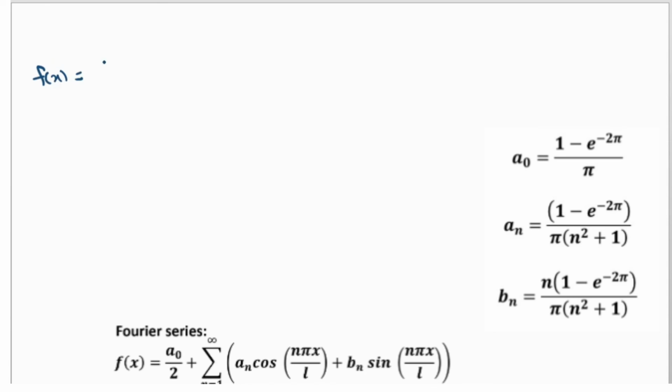equal to A0 by 2. So the value of A0 is 1 minus e raised to power minus 2 pi by pi, divided by 2, A0 by 2.